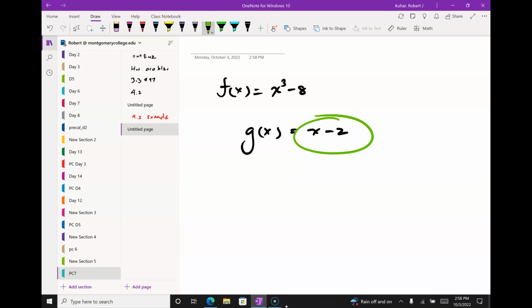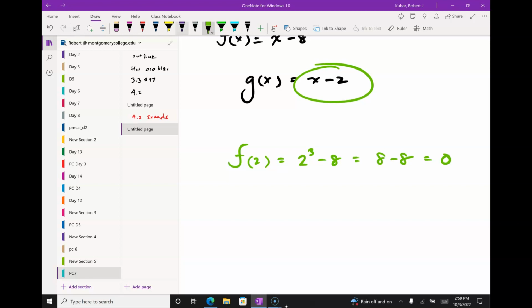Plus 2, yes. I want to look at what I get from f of 2. That's 2 cubed minus 8. That's 8 minus 8. That's 0. The remainder, when I plug in a number, I get a remainder of 0. I know its factors. What was my second one?